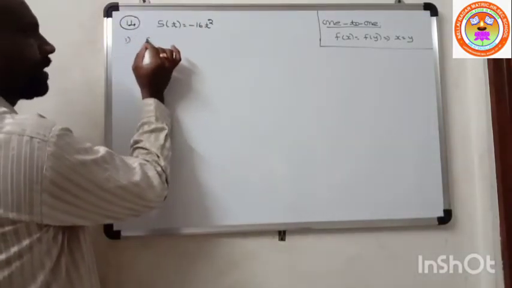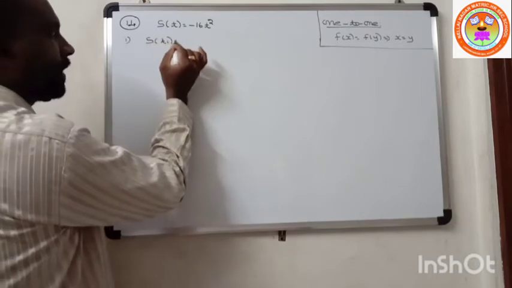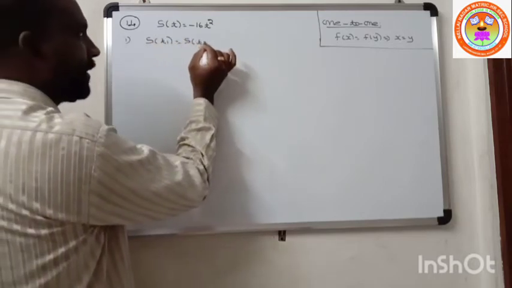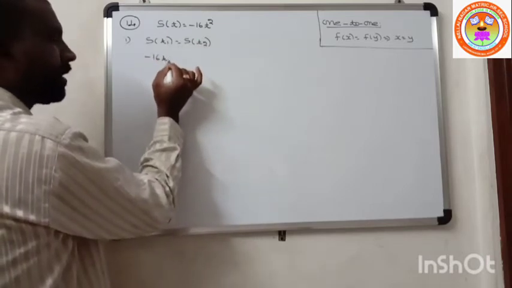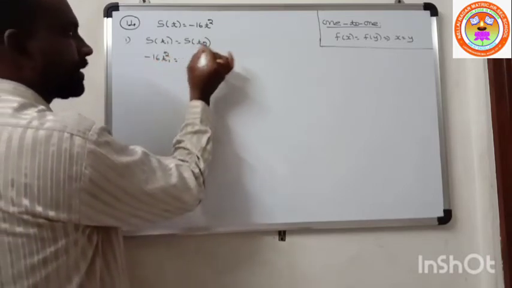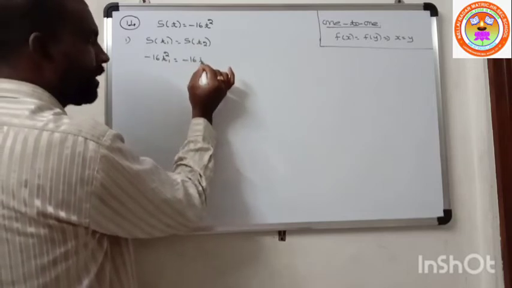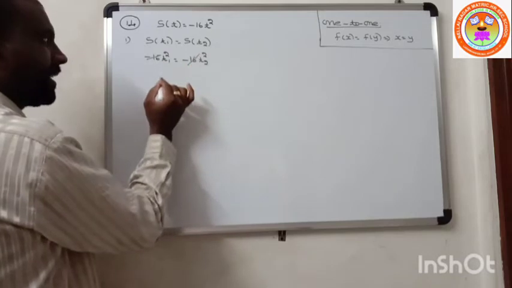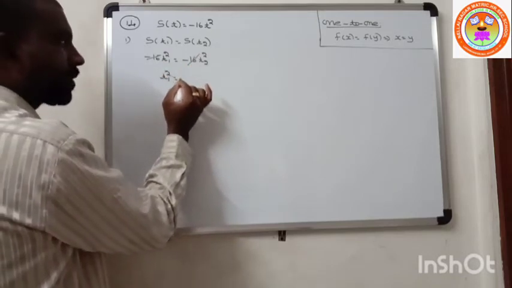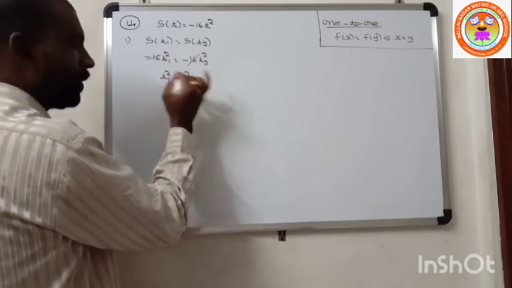First one, s of t1 equal to s of t2. S of t1 is minus 16 t1 square, s of t2 is minus 16 t2 square. Minus 16 cancel. t1 square equal to t2 square.